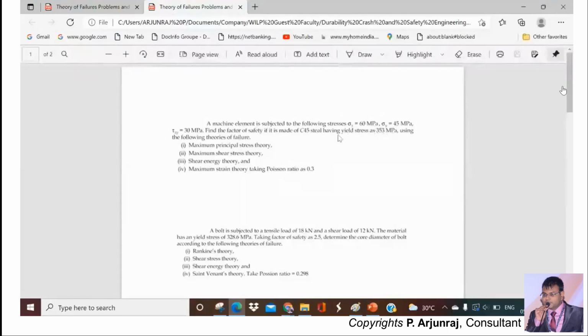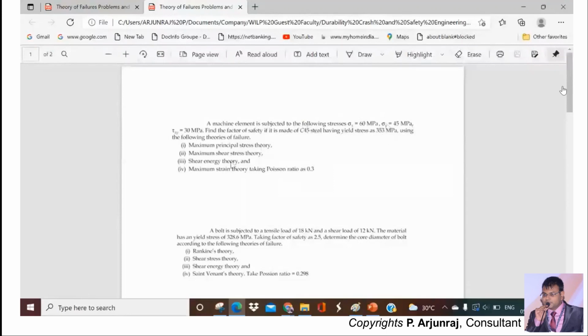If the yield stress is not given for any of the material, you can also assume some values based on the design data book. Even if the value is not mentioned in the problem, I will give the table. Here the value has been mentioned as 353 MPa.